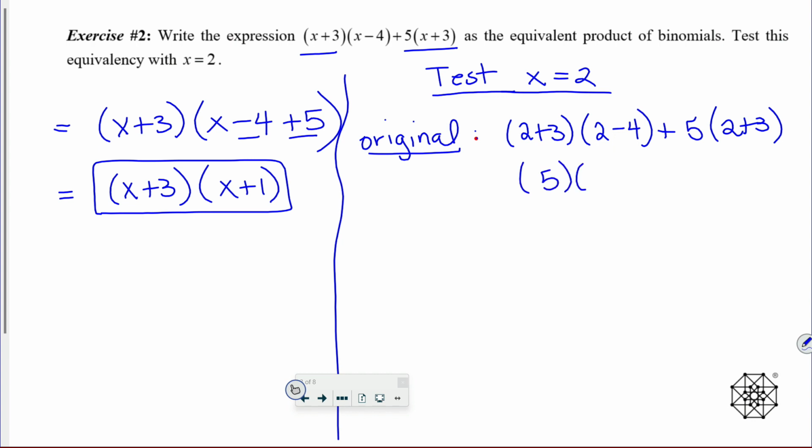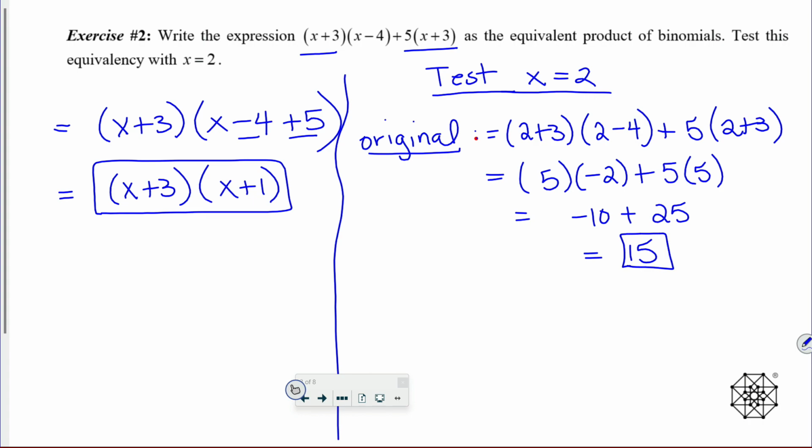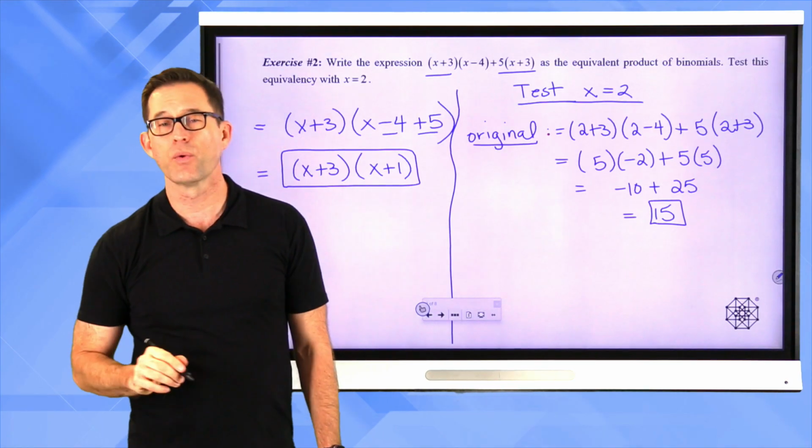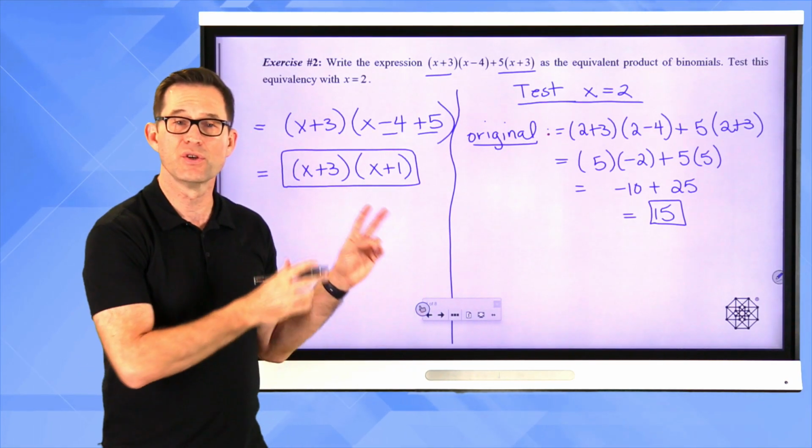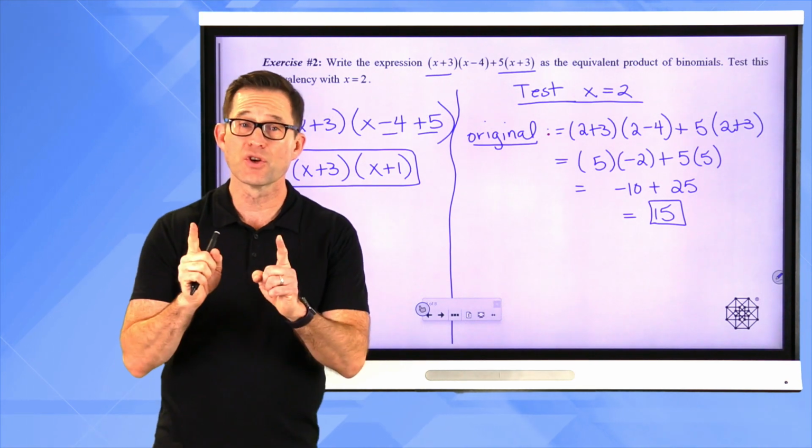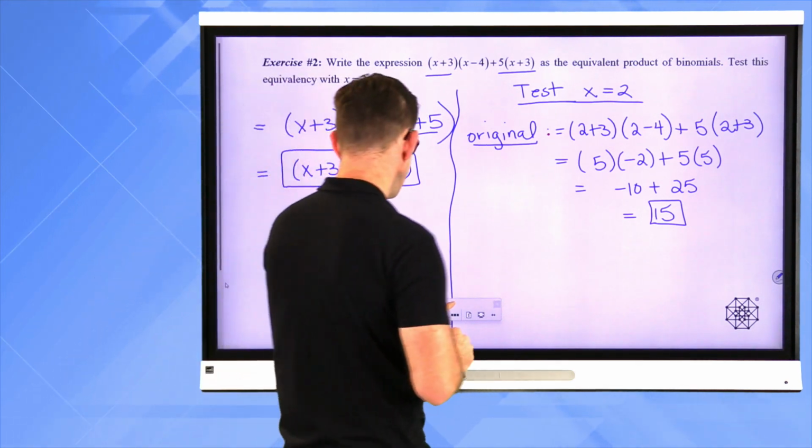That's going to be 5 times negative 2 plus 5 times 5. 5 times negative 2 is negative 10. 5 times 5 is 25. That equals 15. Now, if the two expressions are in fact equivalent, when I take x equals 2 and substitute it in here, it should also give me 15.